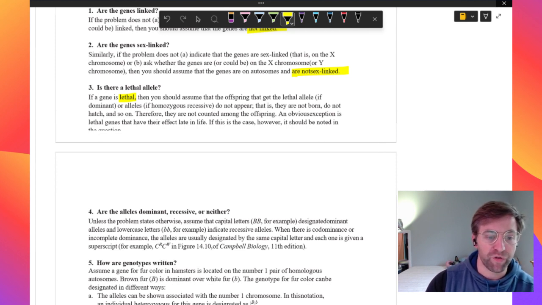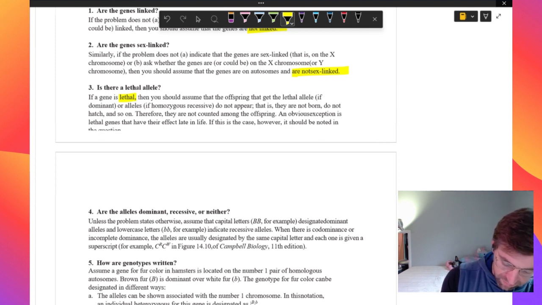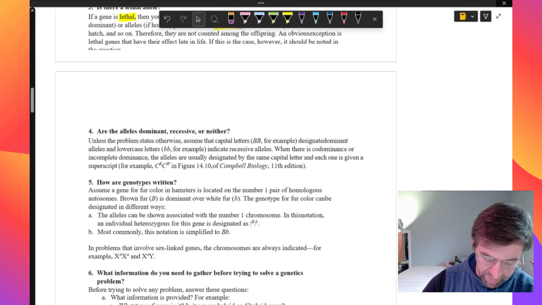Therefore, they should not be counted among offspring. An obvious exception would be lethal genes that have their effect later in life. If this is the case, it should be noted in the question. So they do not appear in the population.